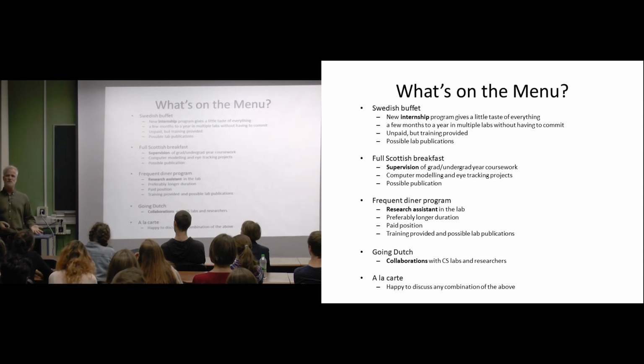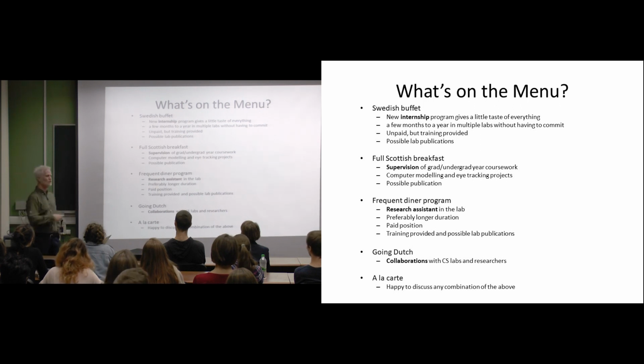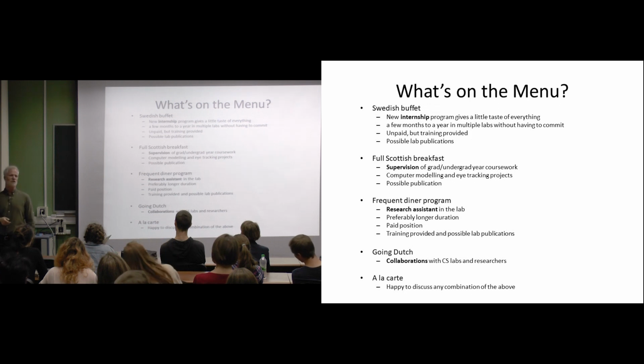I'm happy to supervise computer science projects if that's what you're interested in, either at the undergraduate group level or the master's individual level. There's a new internship program at the university where people visit labs on a short-term basis to give you a sampling of a lot of different labs. I'm happy for people to come over for that as well. And also more than willing to start up collaborations with anyone in the department that's working on similar material.